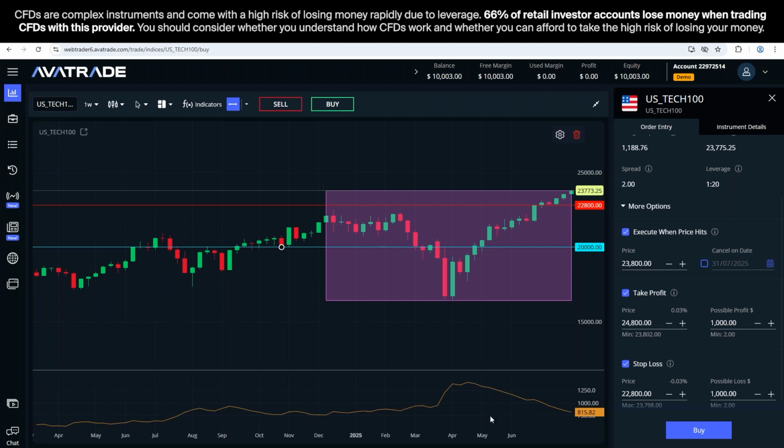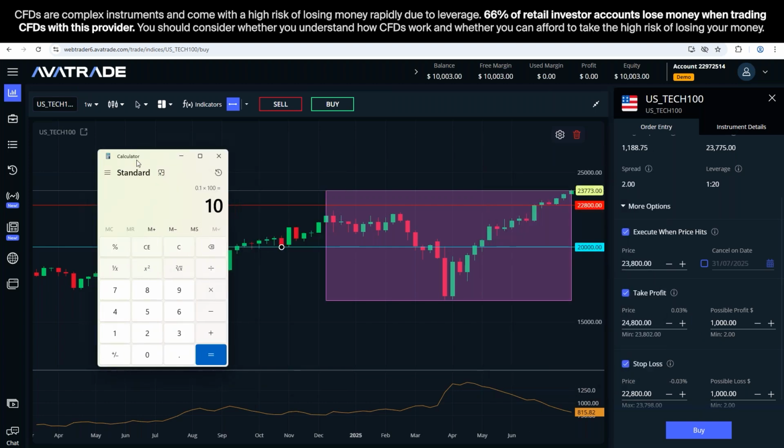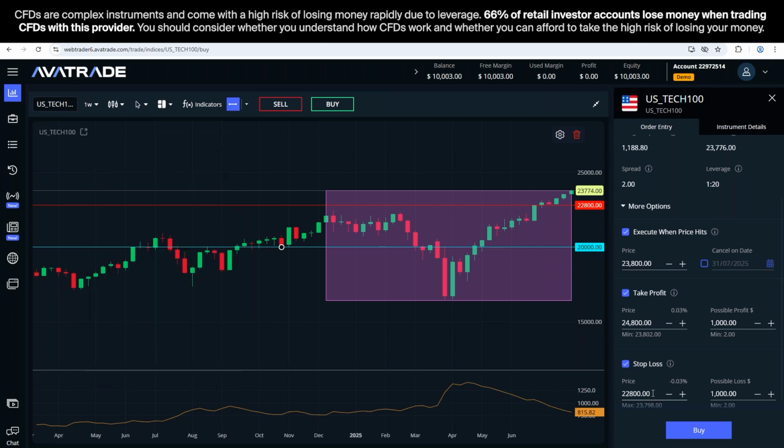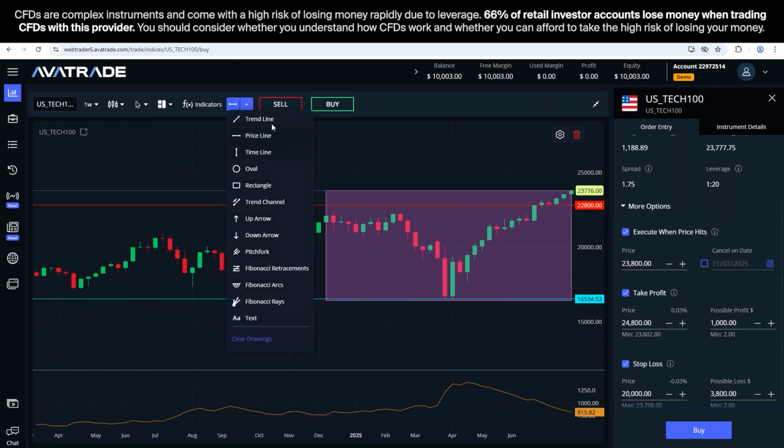If it moves to 20,000, let's see from where we are: 23,800 minus 20,000 is 3,800. So if we wouldn't use a stop loss and, God forbid, it gets to the blue line, we will lose 3,800.